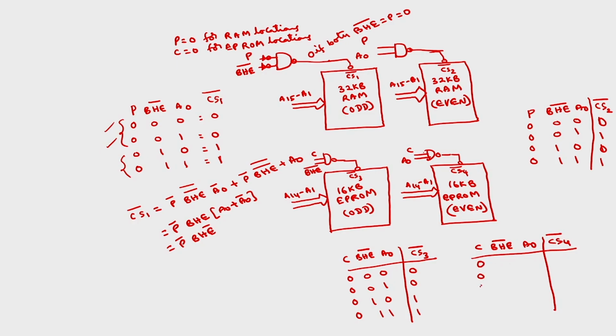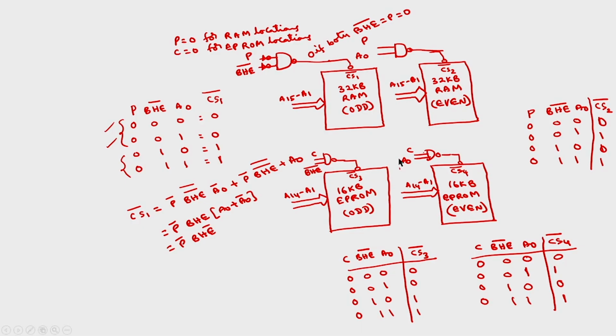This should be 0 for EPROM. 0, 0 means both the banks, so this has to be selected. 0, 1 means this is the high bank only, the odd bank, so the even bank will not be selected, meaning 1. 1, 0 means only the lower bank, which is the even bank, so this has to be selected. 1, 1 means no bank is selected. If you write the Boolean expression, you will get the NAND operation of C and A naught.